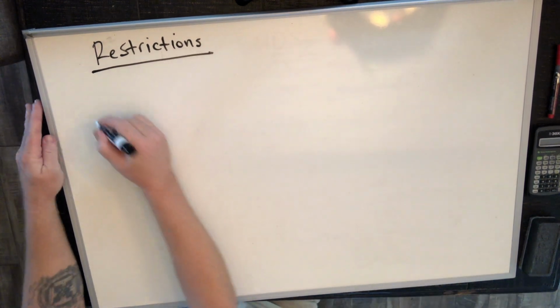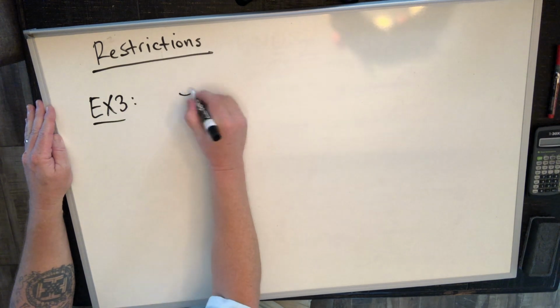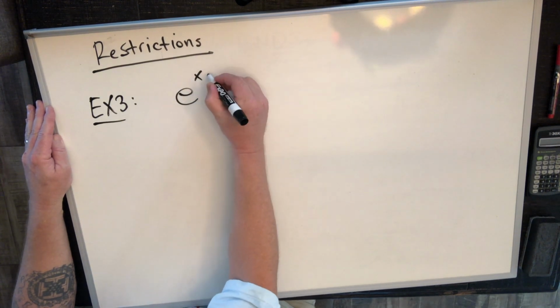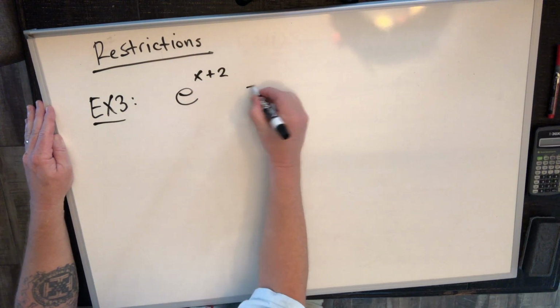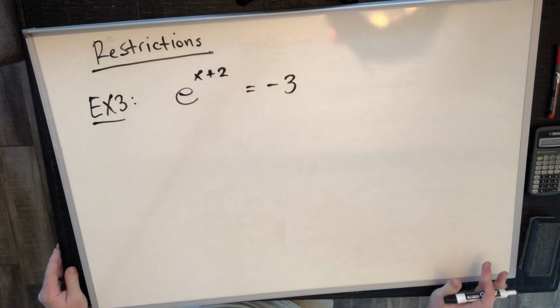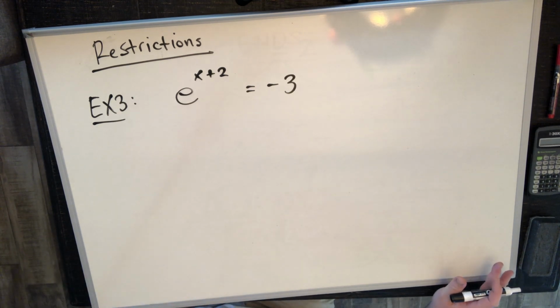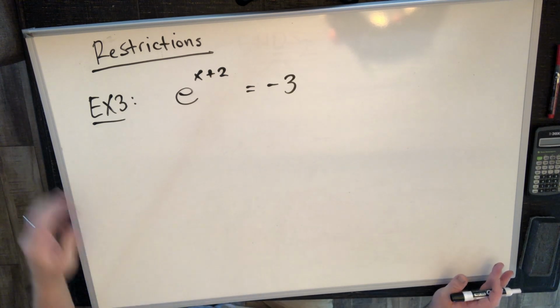Let's start with an exponential equation. Suppose I want to solve something like this. So we have a natural exponential function, e to the x plus 2 is equal to negative 3.